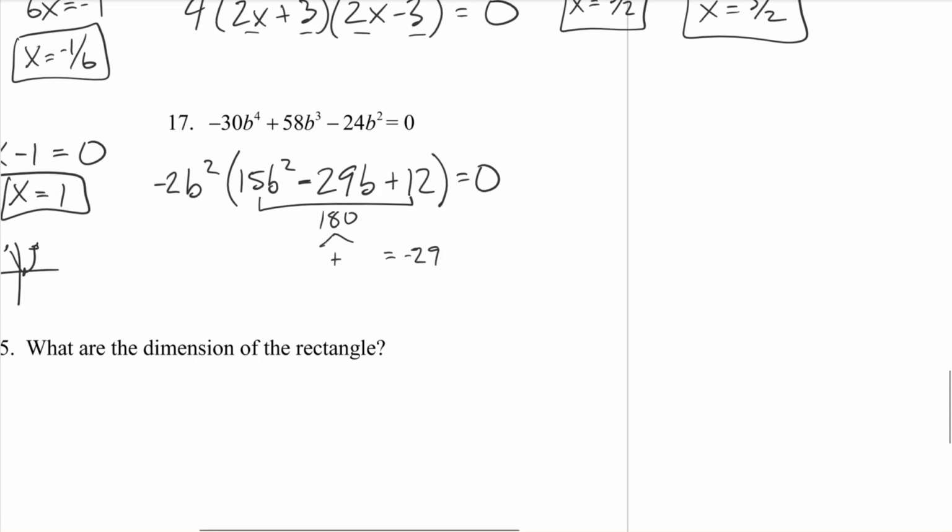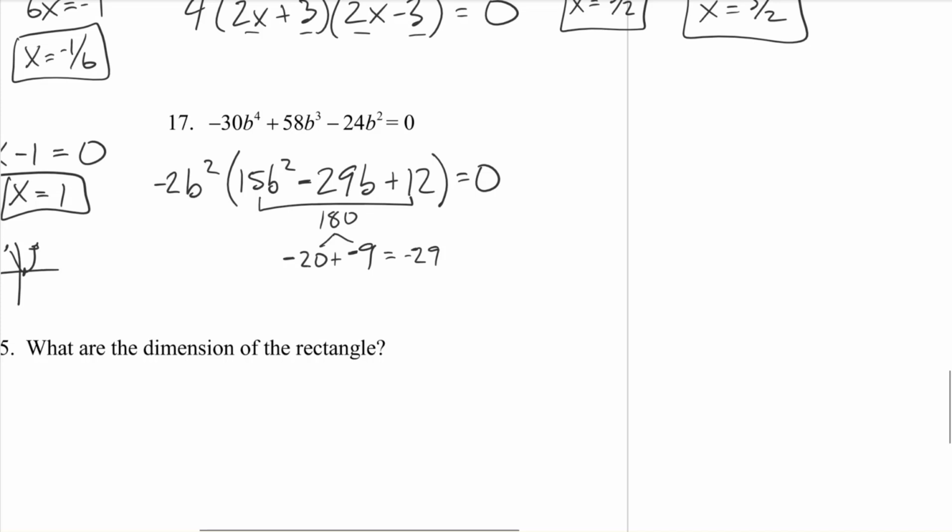And I still need to make 180, a positive 180, so I need two negatives. Well, what's going to add to 29? Oh, how about 20 and 9?